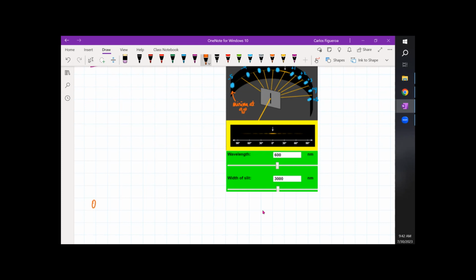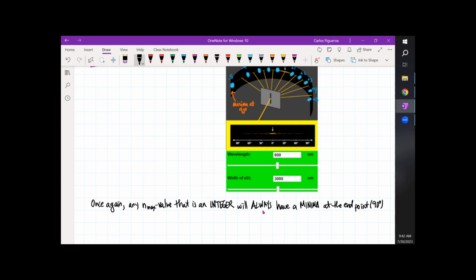So once again, any Nmax value that is an integer will always have a minima at the endpoint, in other words, at 90 degrees of the pattern.